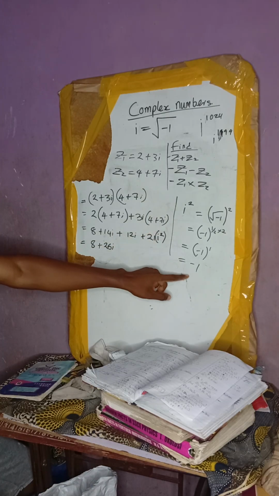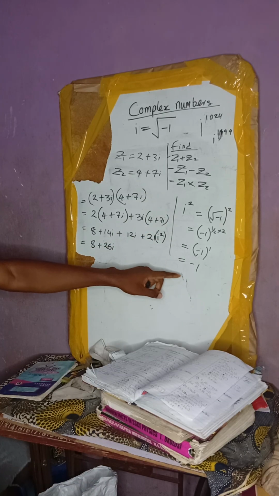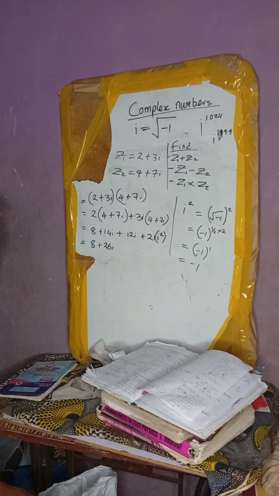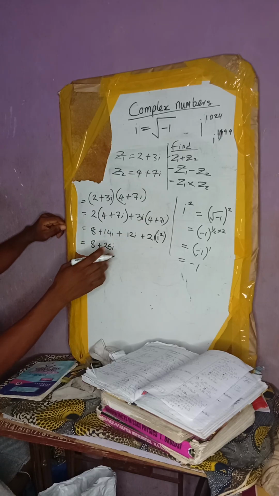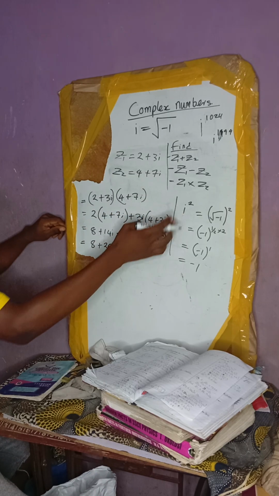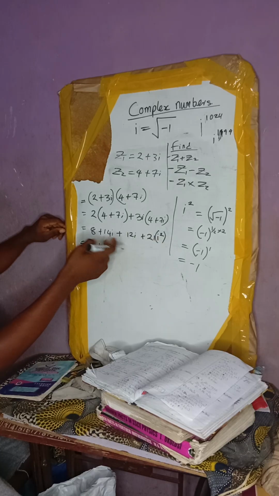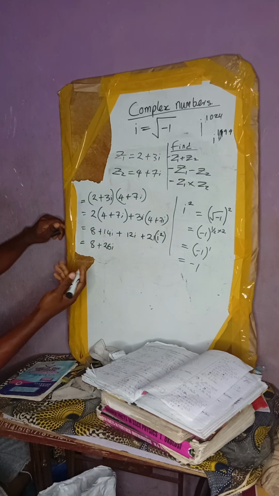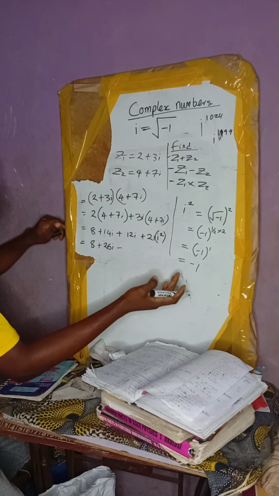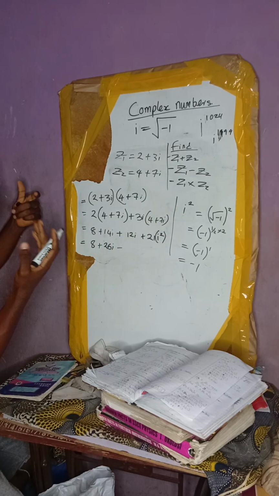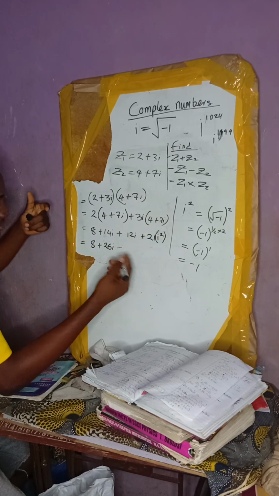Always know that i squared is negative 1 because you'll be needing it a lot. There will always be questions where they'll tell you to multiply when it comes to complex numbers. If you don't know it, you'll just be wasting time in the exam. It's better you just cram i squared as negative 1.